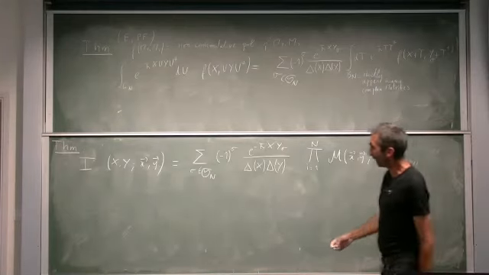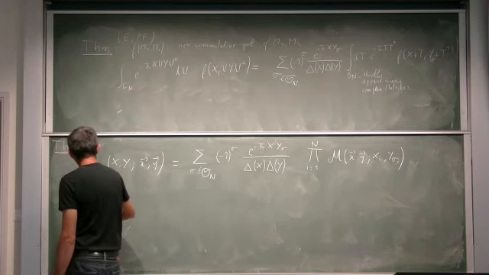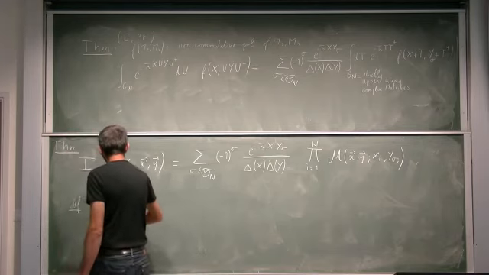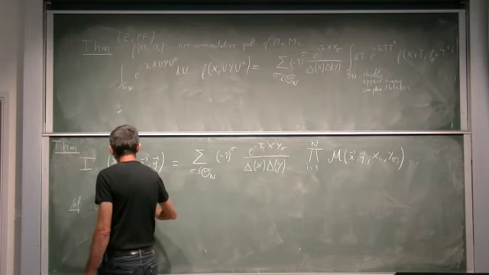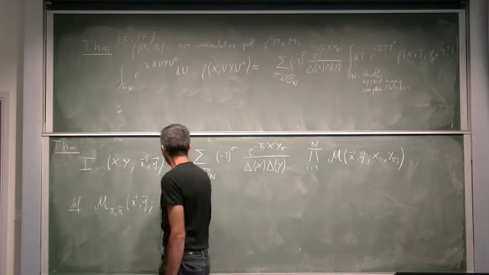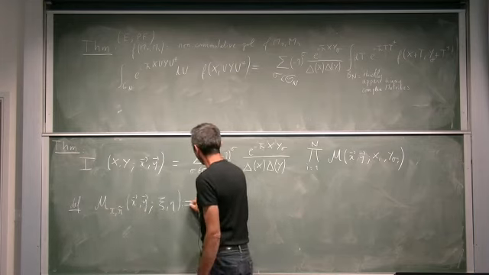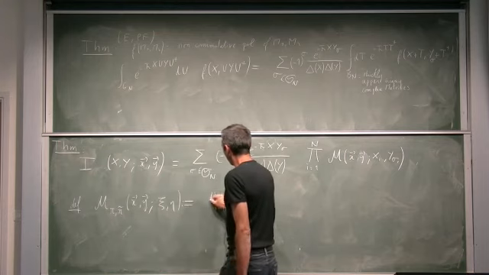Each M is a matrix defined by the following. So definition of the matrix M. M pi tilde of x, y, and there are two variables, let me call them xi, eta, is defined as the product from i equals 1 to n.